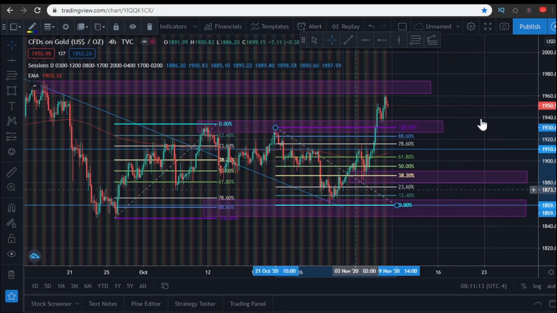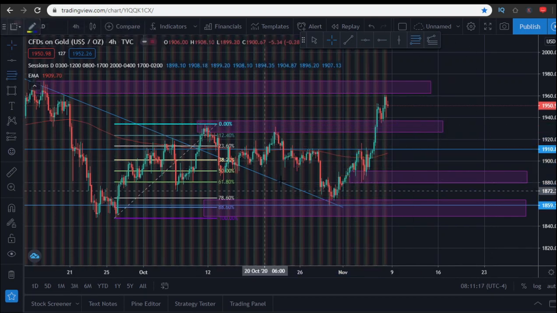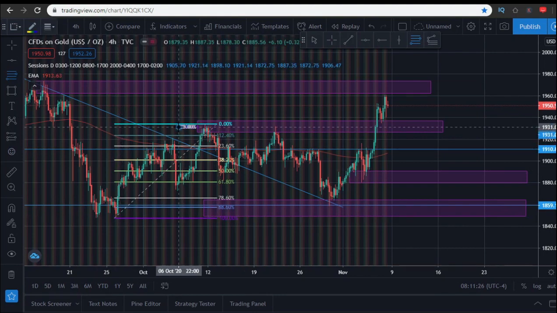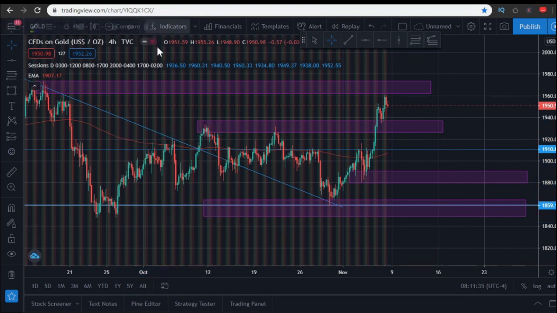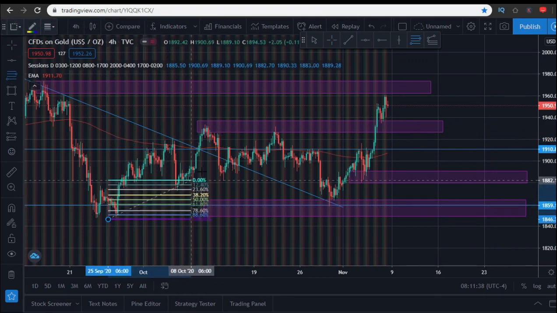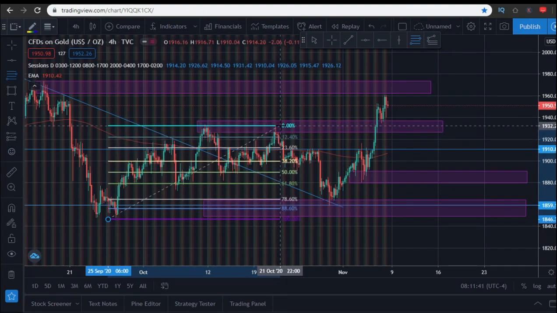My bad, this is a buy, and I drew it from top to bottom. The swing low, which is right here, to the swing high, so we can basically extend.